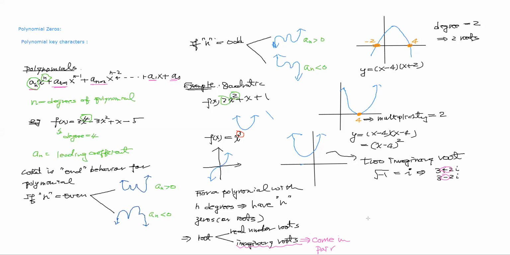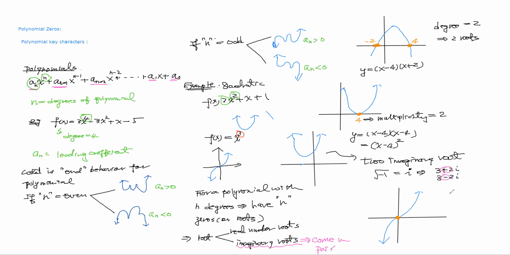This is x cubed, right? So I have a cubic function here. This is my cubic function. I see this function only touches the x-axis once. But since this is a cubic function, I should have 3 roots.